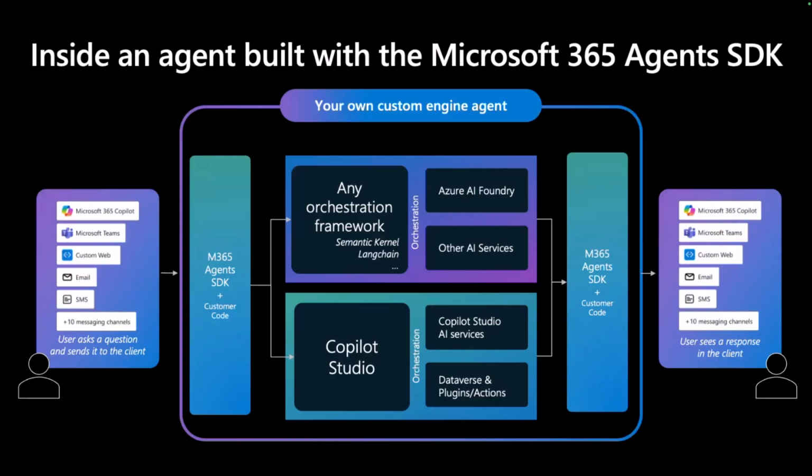This can be any orchestration, like Semantic Kernel or LangChain, and any model. It connects with AI Foundry very well, and you can bring other services from Azure AI as well. At the same time, you can connect with Copilot Studio too. So if you build an agent or a plugin in Copilot Studio, you can also bring that into Agents SDK agents.